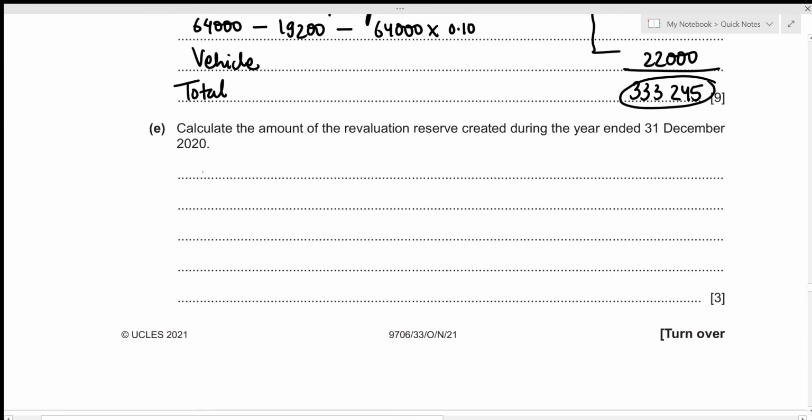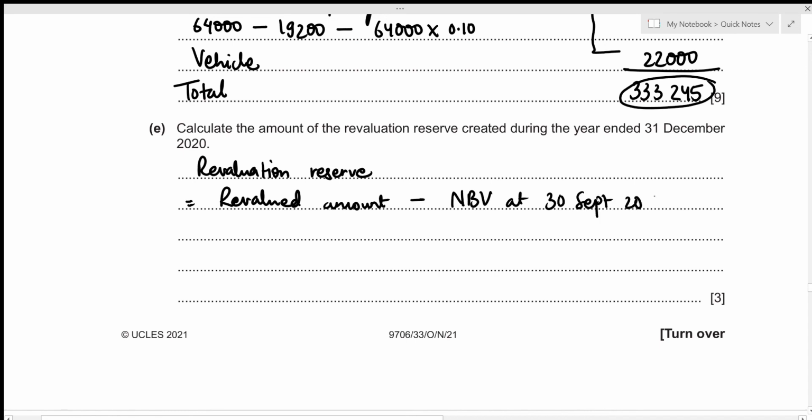So revaluation reserve equals the revalued amount minus the net book value at 30 Sept 2020, because that is the date on which we revalued our premises. So the revalued amount was 180,000 and the net book value, we figured out to be 94,250. So the revaluation reserve is just going to be 180,000 minus 94,250, which is 85,750.